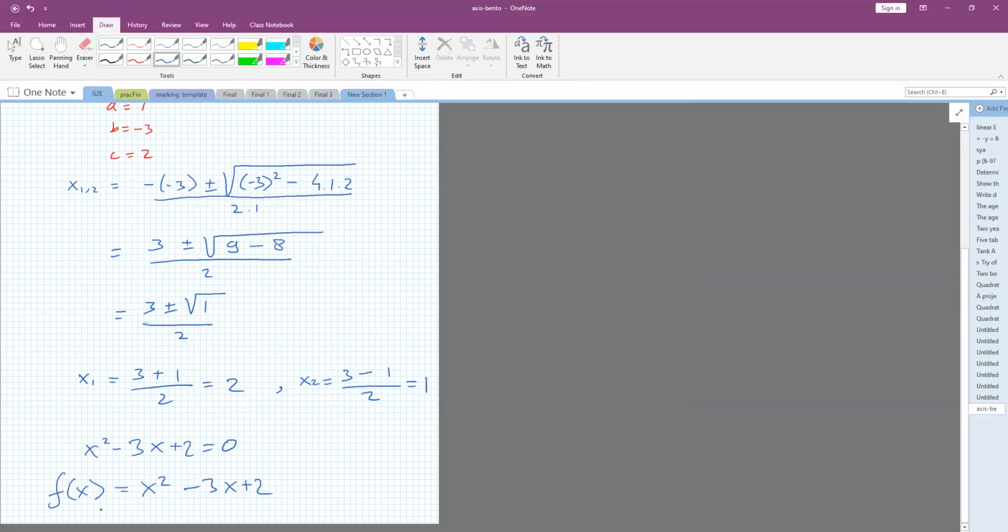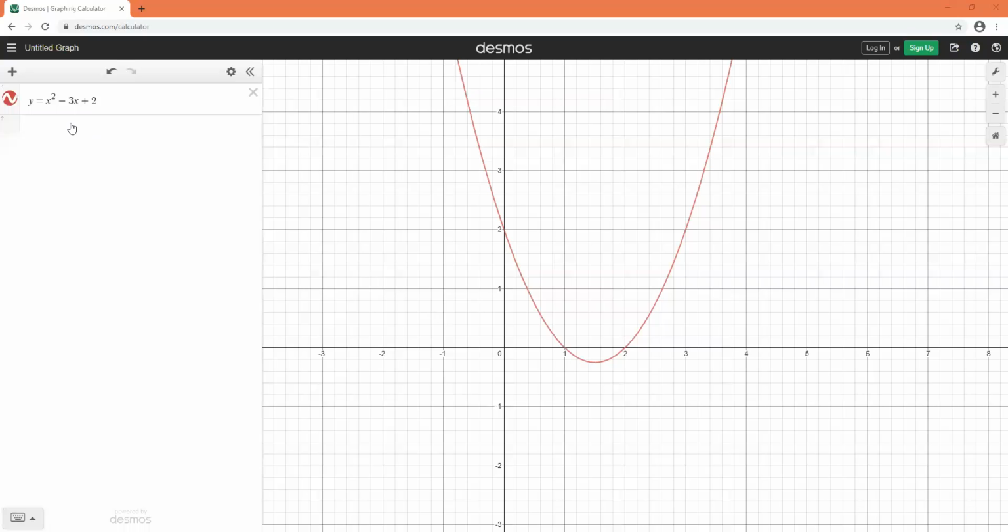Remember that f(x) is also y, so y equals x squared minus 3x plus 2. Now when you are plotting this, say we are using a website, Desmos. So basically, this is the plot of x squared minus 3x plus 2.